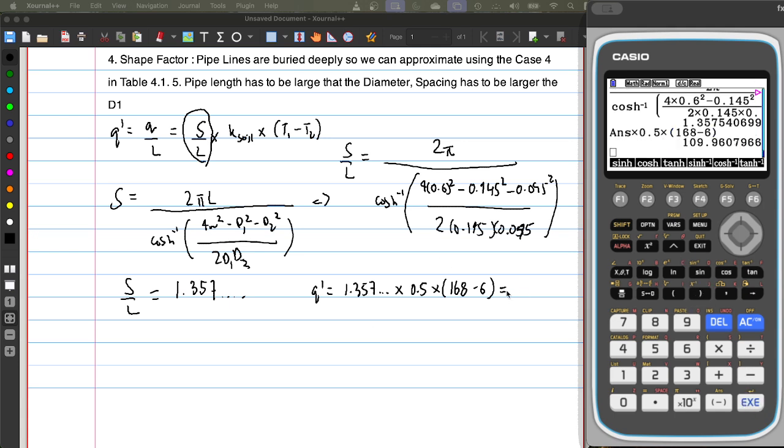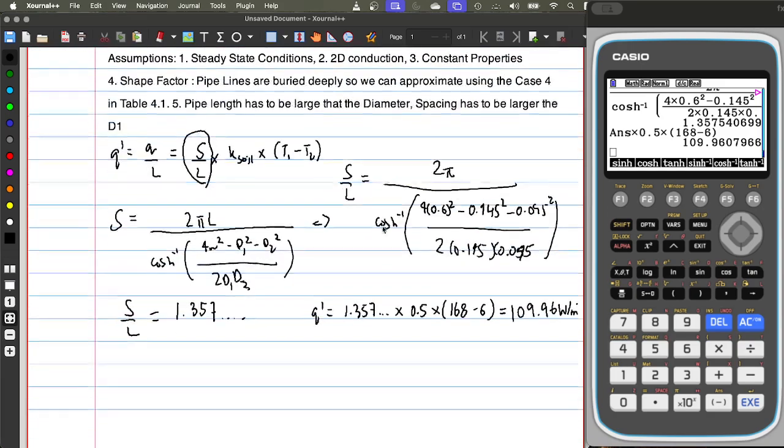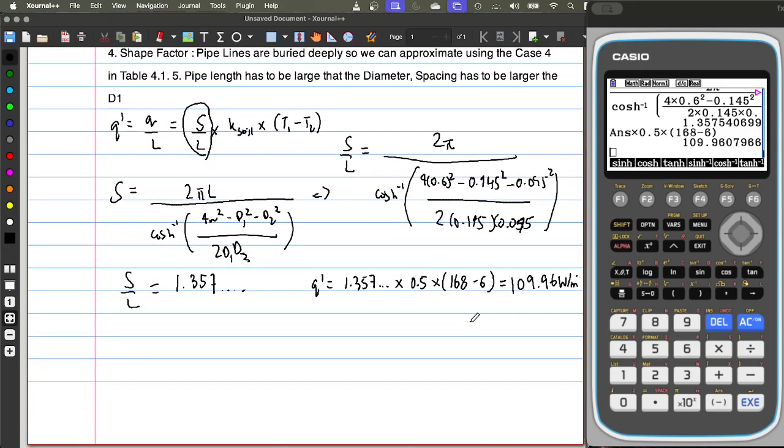We get 1109.96 watts per meter length. Okay, so the value we should get is around 142. So comparing them, we're off by a big margin, which is quite large. So let's look at part B now.